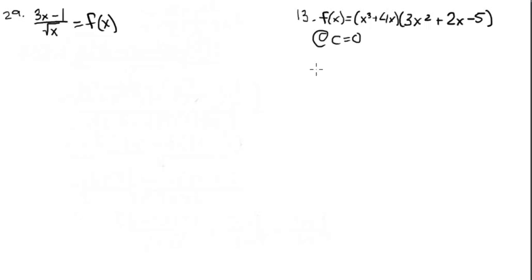Okay, so first we need to find the derivative of this function. So f prime of x, and we'll use the product rule, right? So we have x cubed plus 4x times 3x squared plus 2x. I am going to make it a little bit easier here.